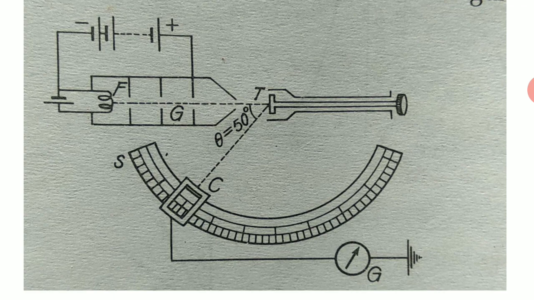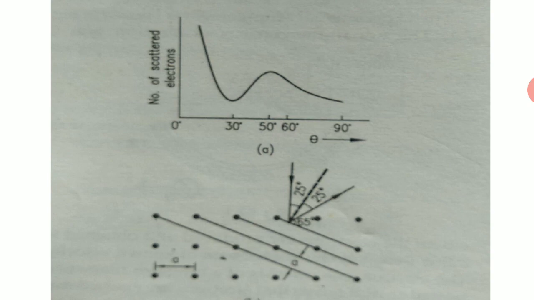The Faraday cylinder is able to move on the circular scale S, and for a given accelerating voltage V, the scattering showed a peak in a particular direction theta as shown in the graph, with the electron beam incident perpendicular to the crystal surface.